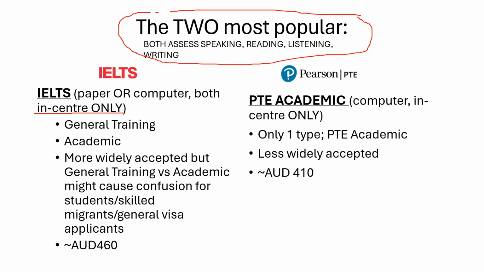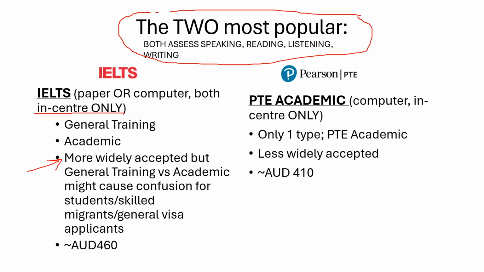It is a fact that IELTS is more widely accepted, but there is confusion sometimes between general training and academic. Okay, if you are a student, almost certainly you'll have to do academic. If you're applying for a particular visa, you might not need academic, you can just do general training. You need to find out exactly which test you need to take.